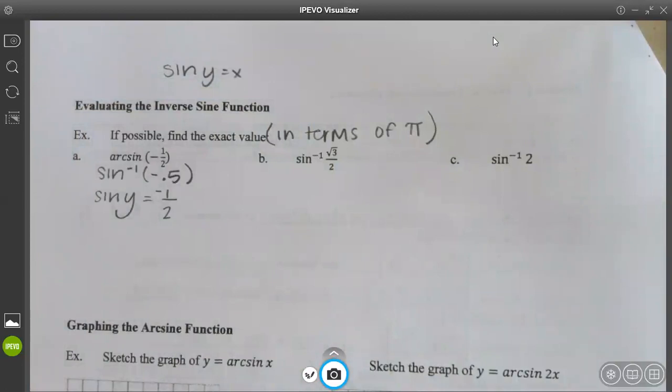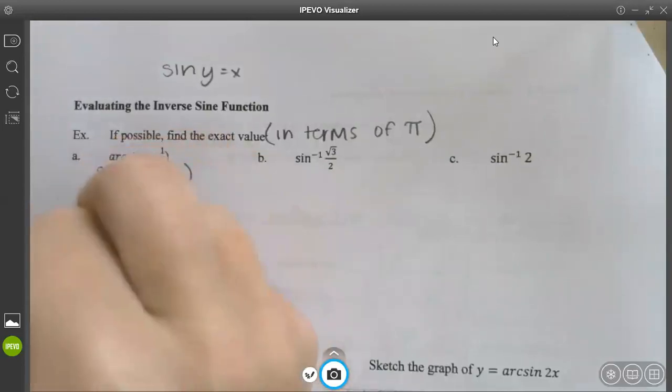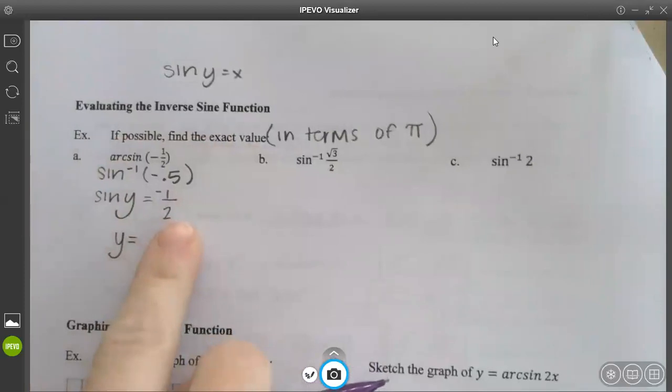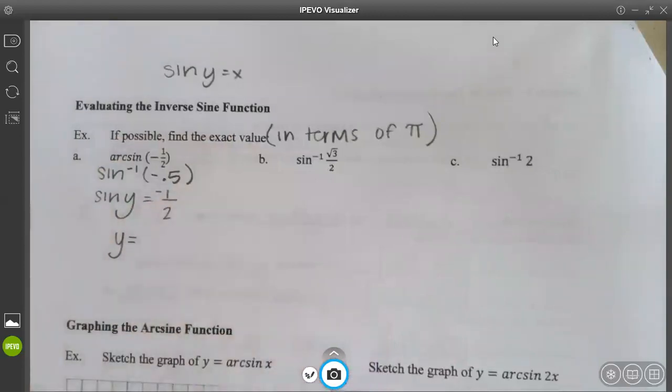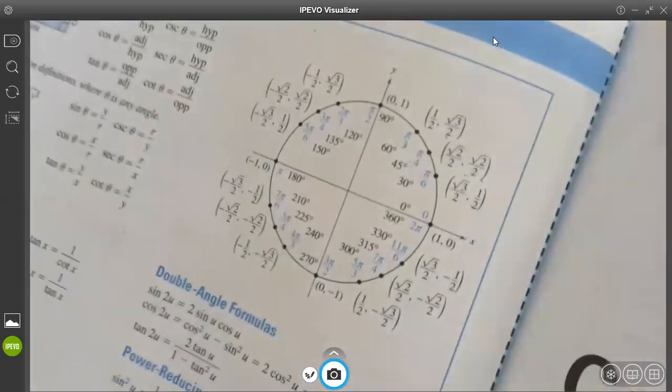Think about your unit circle. If your coordinate is at 1/2, like your sine is 1/2, where are we at on the unit circle? Sine is your y coordinate. I'm going to show you a unit circle so you don't stress out.